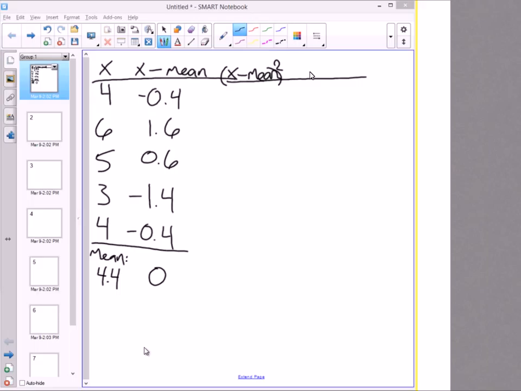And what do we get for the negative 0.4 squared? 0.16, and then for 1.6 squared? 2.56. And 0.6 squared.